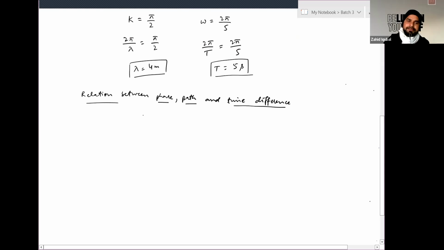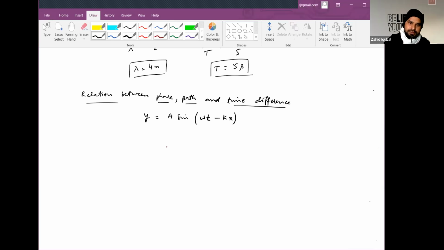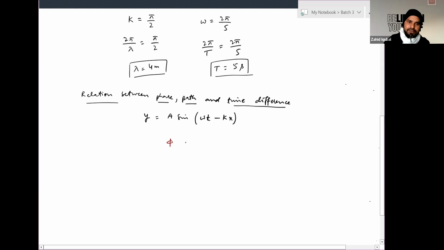According to the above formula, y equals A times sine of omega t minus kx. So this angle with sine is called phase. You may write phi equals omega t minus kx.